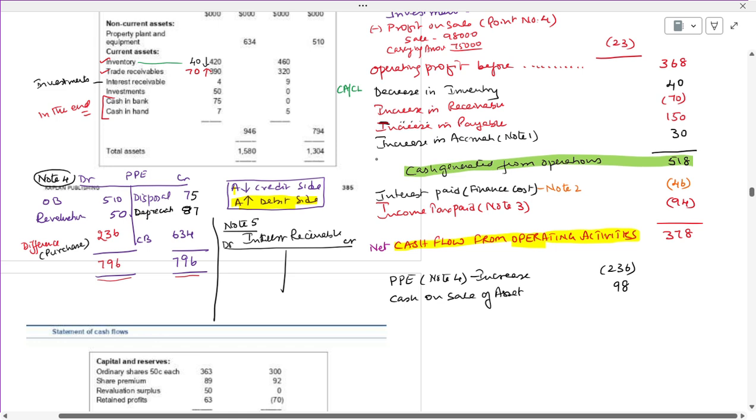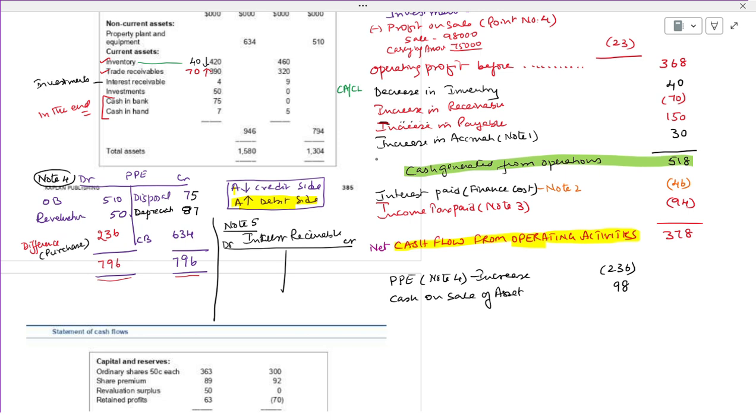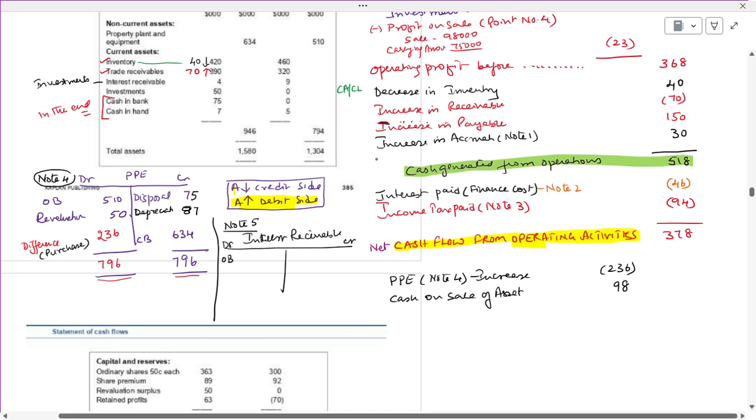Asset, opening balance? Debit side. How much is that? 9. Straight away, closing balance. You can write like this in examination, nothing will happen. Is it right? Closing balance is how much? 4.